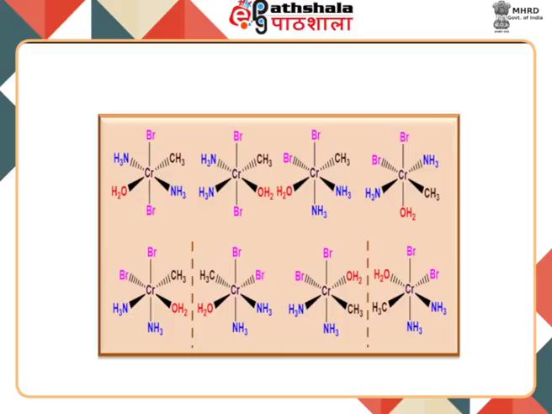Then we can rotate the position of ligands other than bromine. Thereby, we will get 8 isomers. Out of them, 2 isomers form an enantiomeric pair, which are shown here.